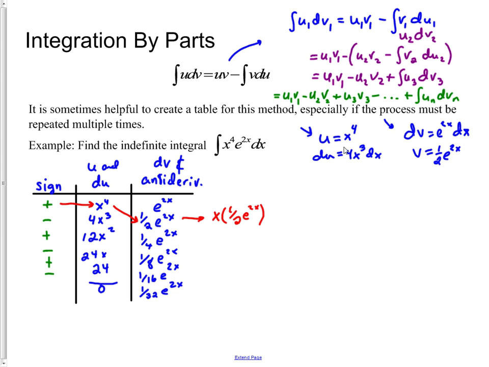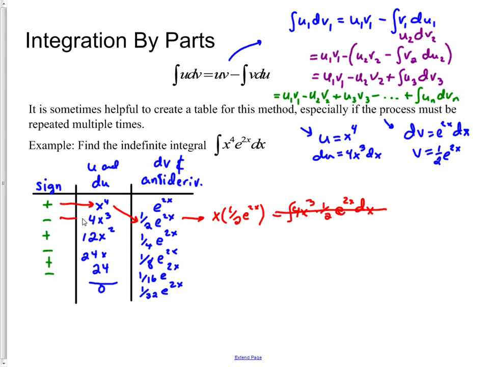And if we were to carry this out, we would have been saying minus integral of 4x cubed times 1/2 e to the 2x dx, and then we'd have to figure out what we'd get from there. Well, we don't need to do this because we've actually already done it off to the side right here.